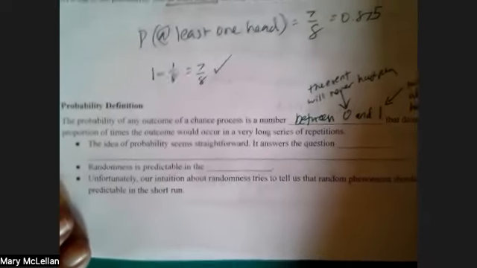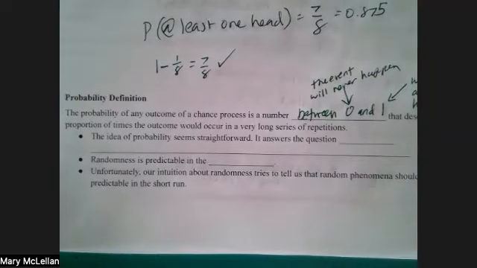And that number represents the proportion of times an event would occur in a very long series of repetitions.